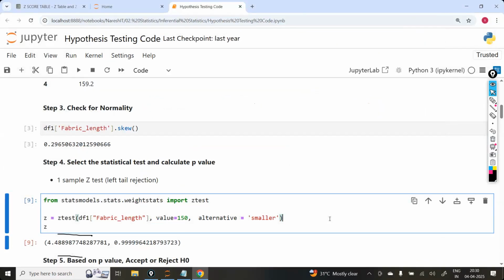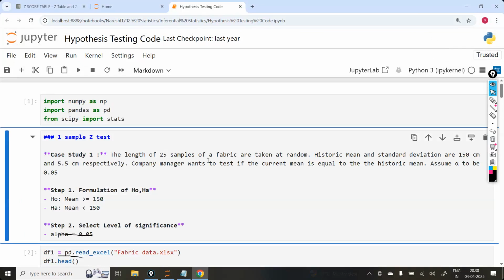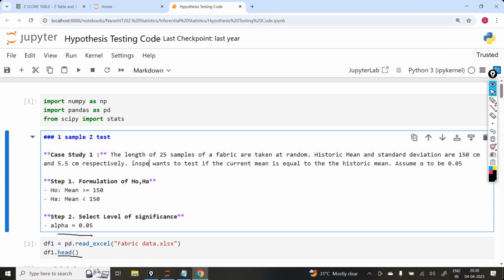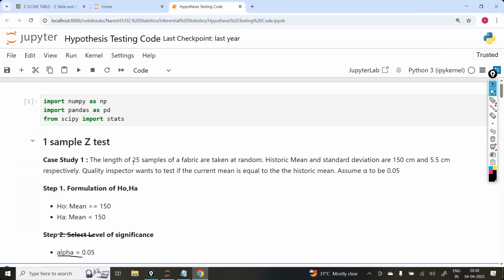Clear now, everyone? So in this question, instead of company manager, customer or some inspector, which inspector? Police inspector? No, quality inspector. Who will inspect is the quality inspector. The quality inspector wants to test. Now from the inspector's point of view, this is the answer.